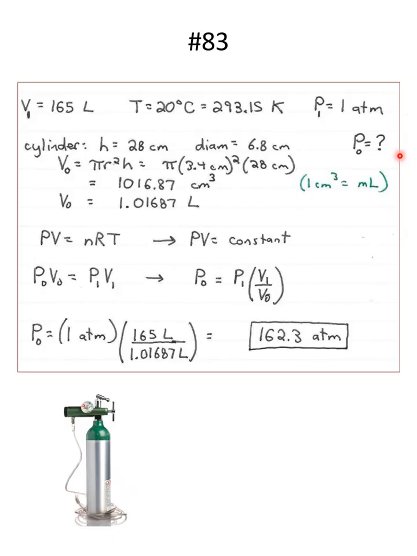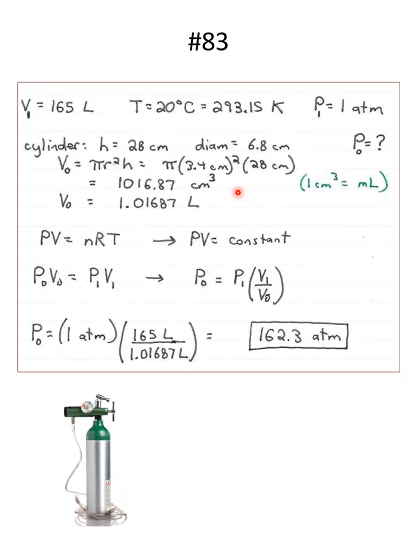So we'll call that P naught. We're going to need to know what the volume is inside the cylinder. It gives us the dimensions. Volume of a cylinder, that's going to be V naught, is pi r squared times h. So pi times the radius of 3.4 centimeters, square it, times the height of 28 centimeters, and we get 1016.87 cubic centimeters.